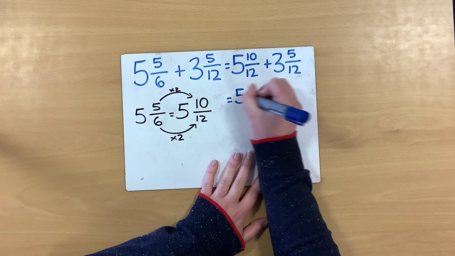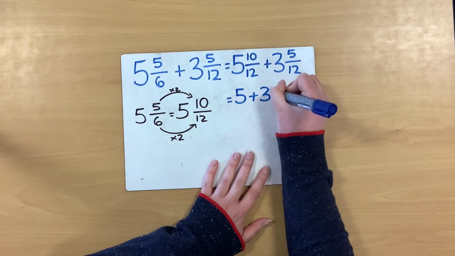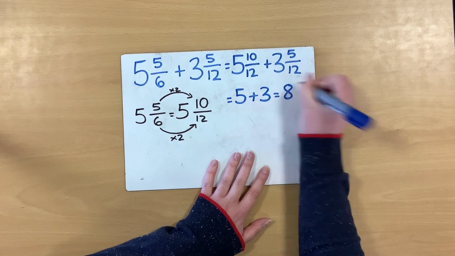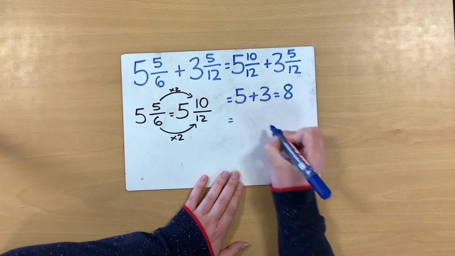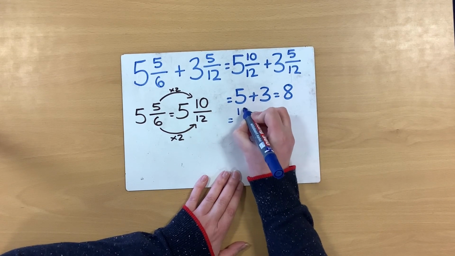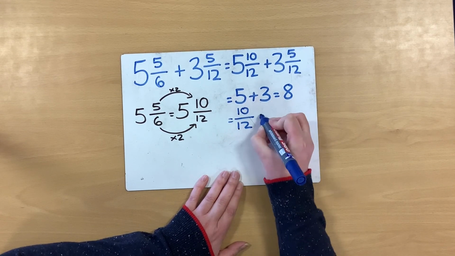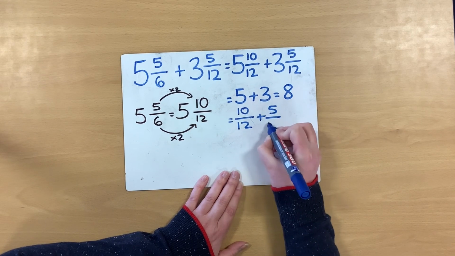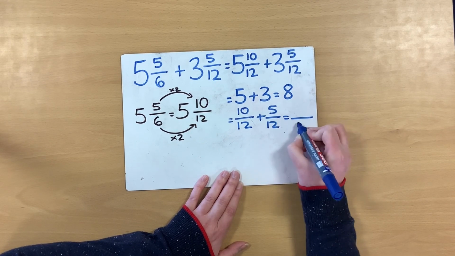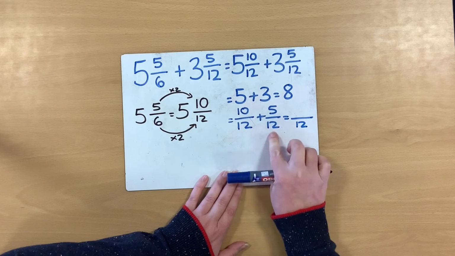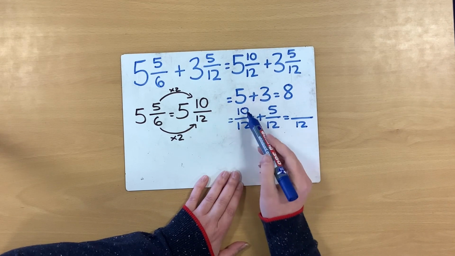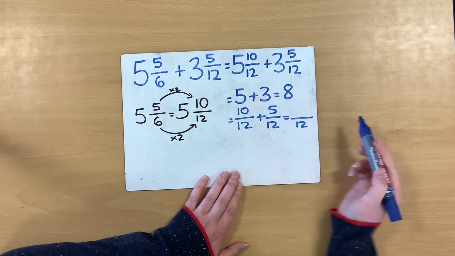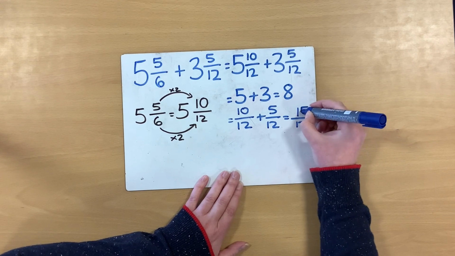So I've got 5, add 3, which is 8. Now I'm going to add my fractions. 10 twelfths, add 5 twelfths. Remembering when we add, we don't add the denominators. So now I've got 10, add 5 is 15.